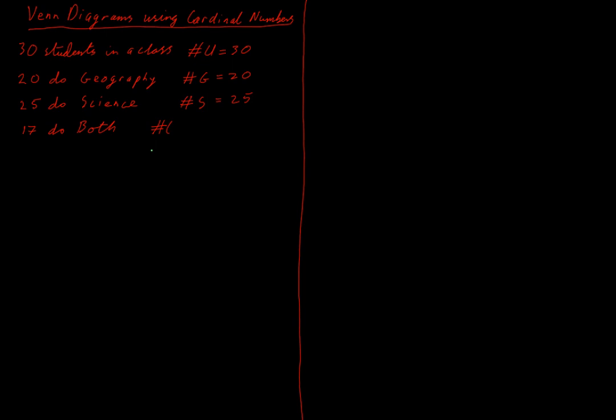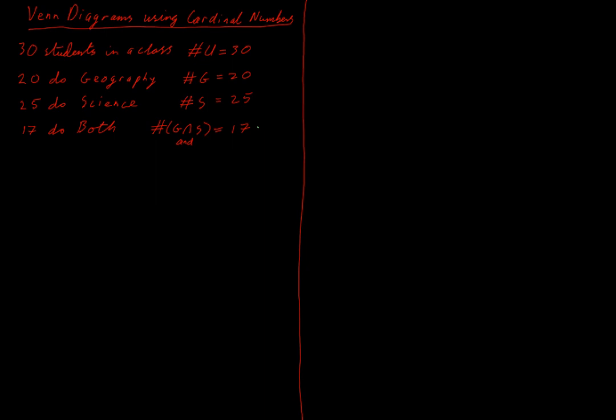We want to do geography and science, both of them. So that means we have geography intersection science. So these are the people who do geography and science. And that's 17 people.